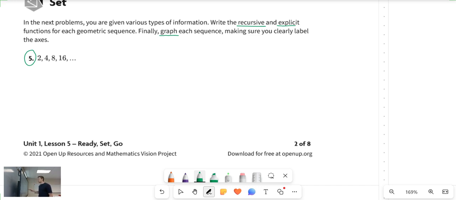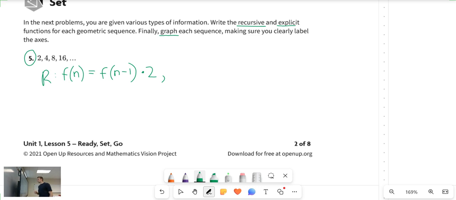Let's start out with the recursive and explicit functions. Recursive first, we'll do this in green. Our first number is 2, and then 4, and then 8, and then 16. Right off the bat, I see that we're doubling each time. So our function f of n is equal to the previous step, f of n minus 1, times 2.